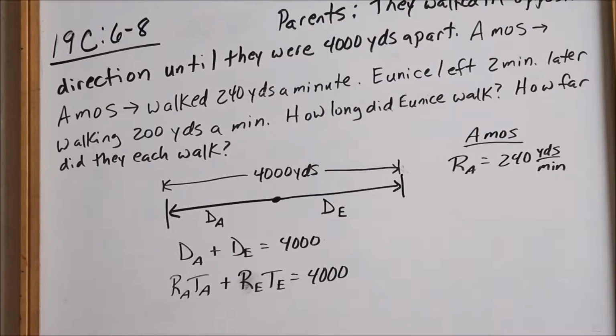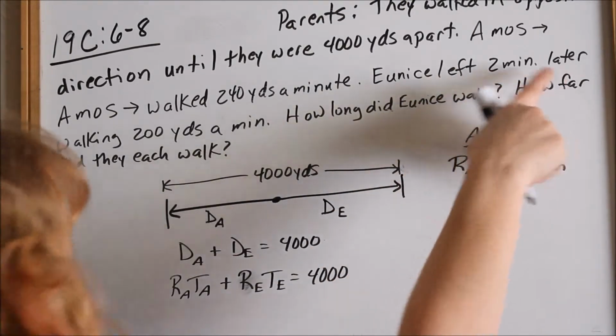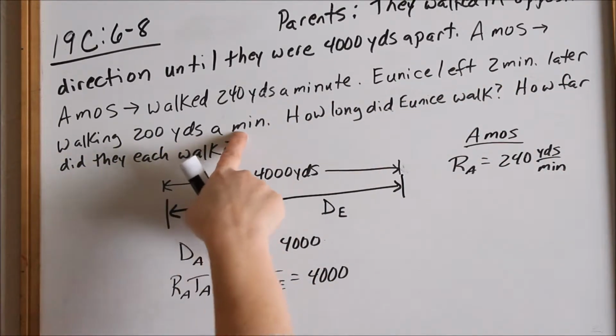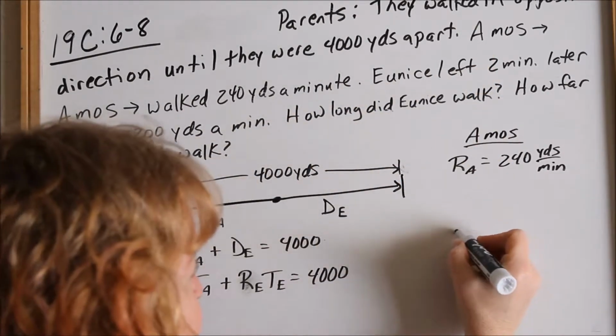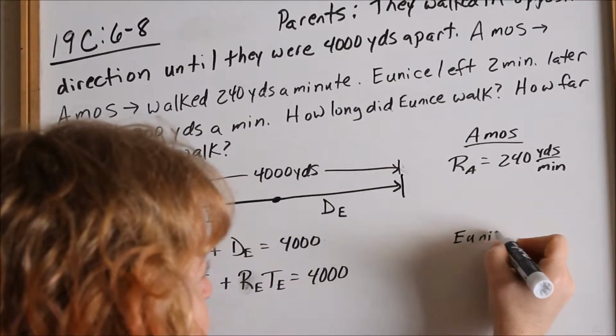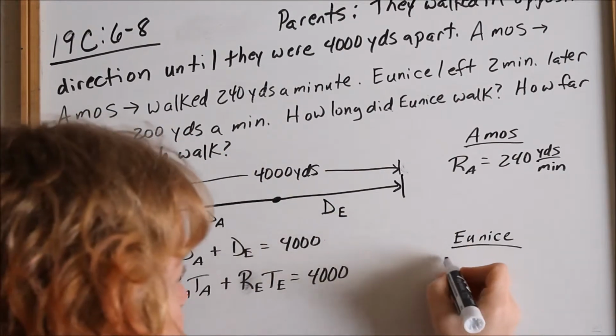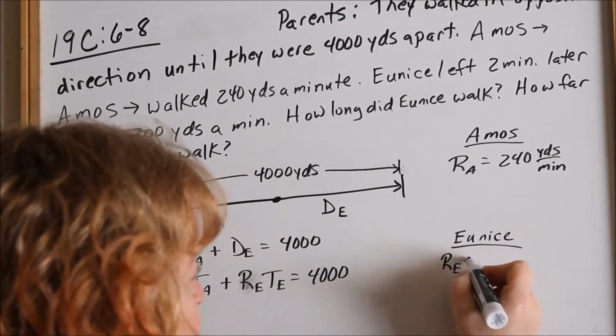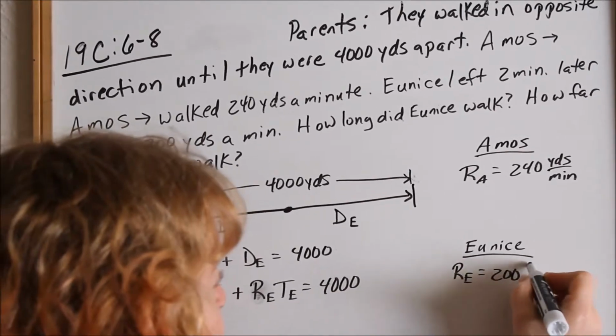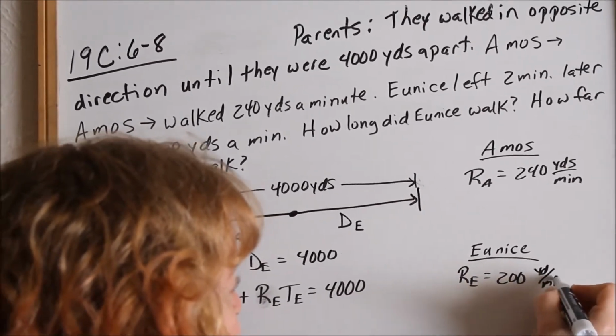And then it says Eunice left 2 minutes later, walking 200 yards a minute. We're going to come back to the time. So Eunice's rate is 200 yards a minute.